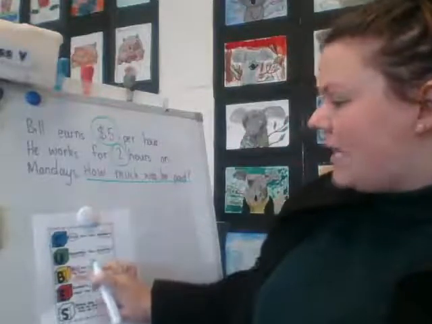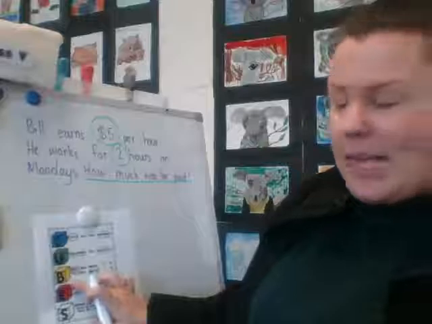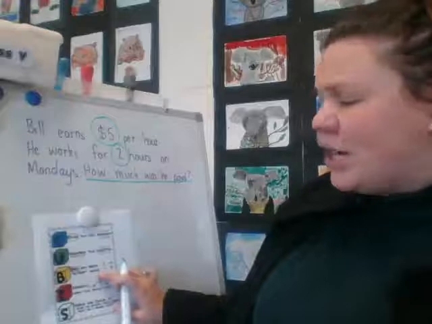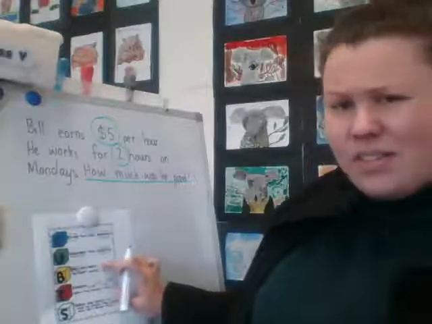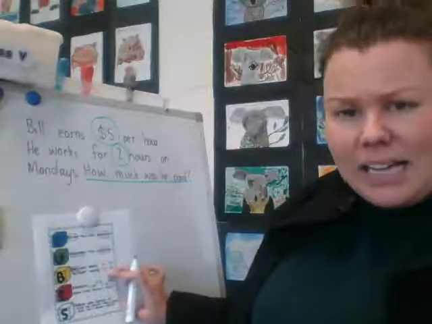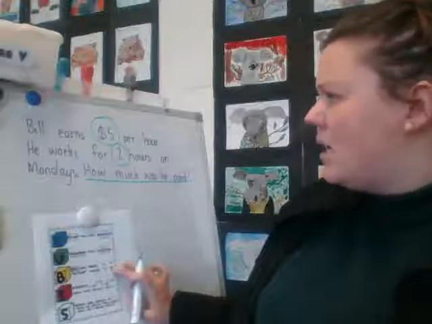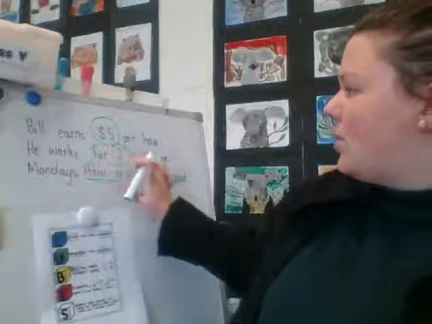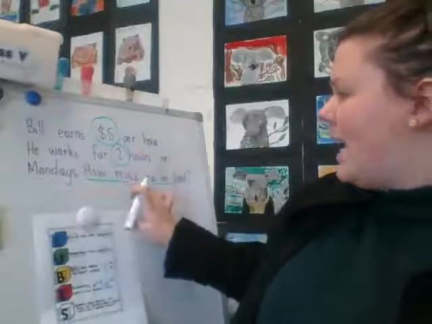Then I need to move on to my B in my CUBES acronym, and B means box any math action words. So that means, are they asking me to divide, take away, plus, or times? So Bill earns $5 per hour. He works for 2 hours on Mondays. How much was he paid?